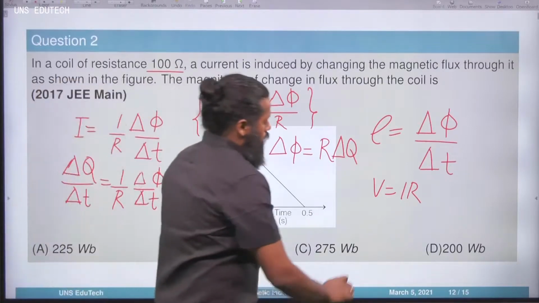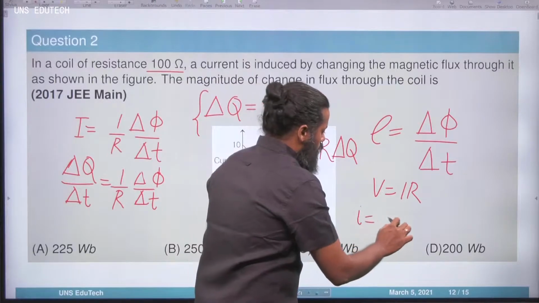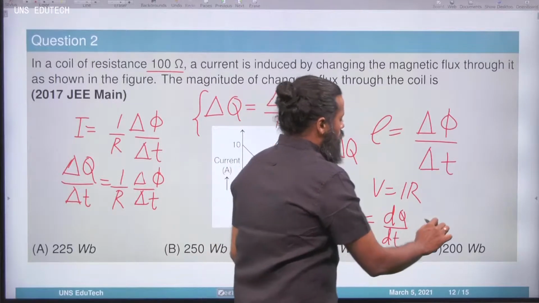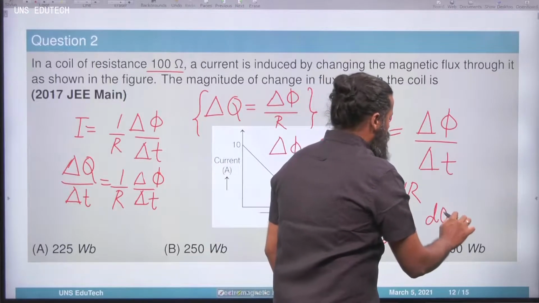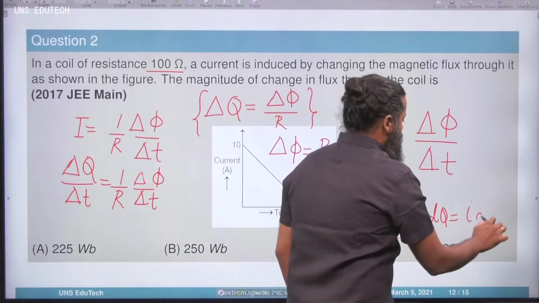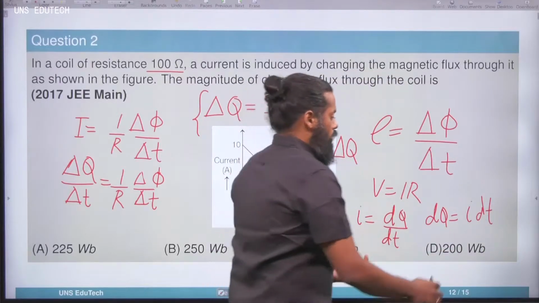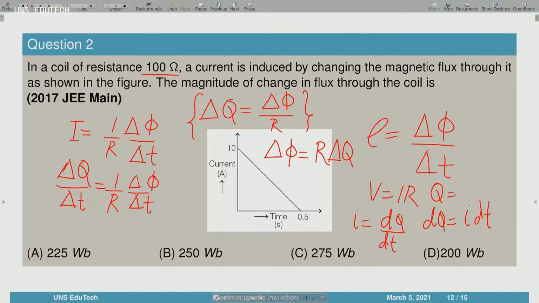You already know that current is equal to dq by dt, or we can say dq will be equal to I dt, so the total charge flowing in the system will be equal to integral I dt. Integral I dt means, if you are plotting current versus time, it is nothing but the area.